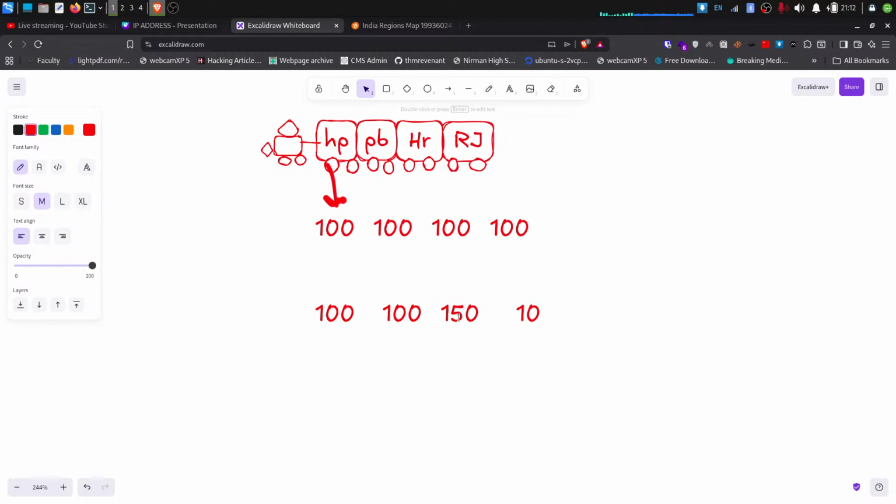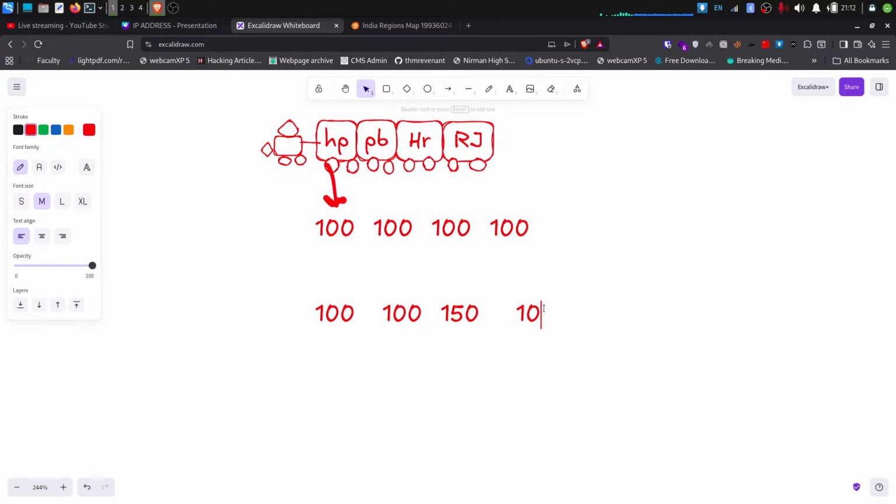So, what do you guys think we can do here to save the resources, to save the environment, to save the resources of the government? Any idea? Shift with Rajasthan.